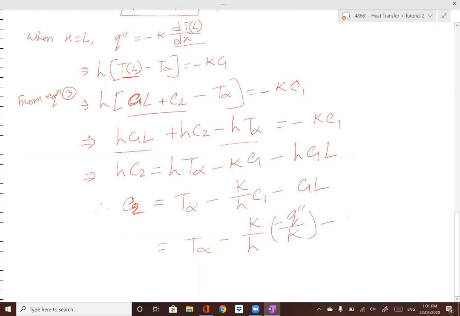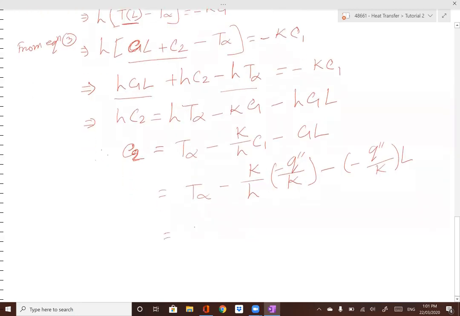Negative times negative becomes positive, k will cancel out, so positive heat flux divided by convection coefficient, and then plus heat flux divided by k times the length.